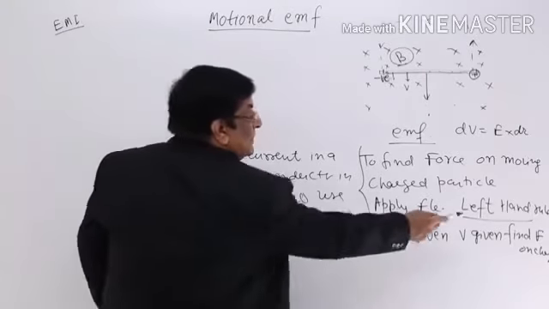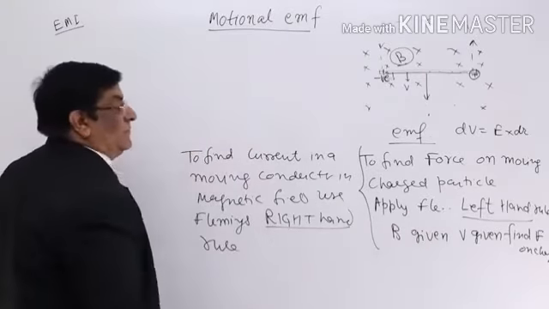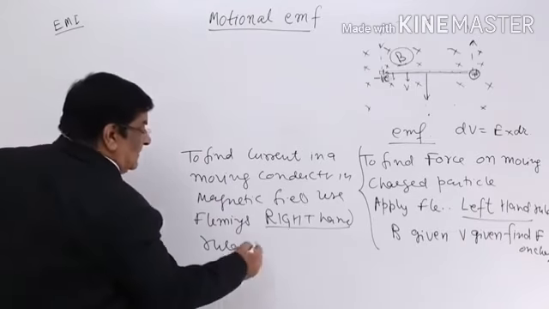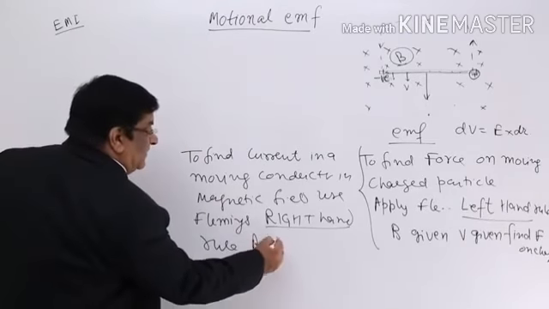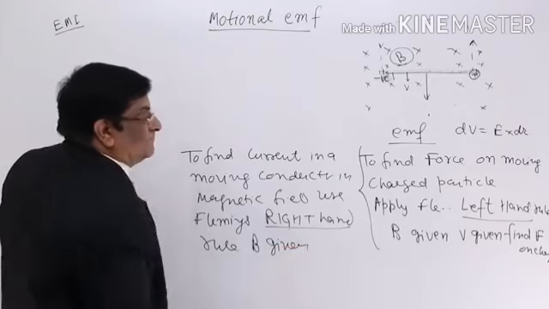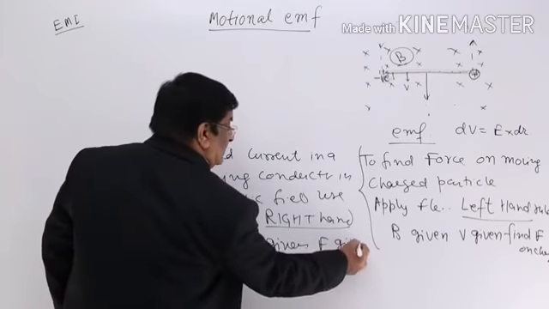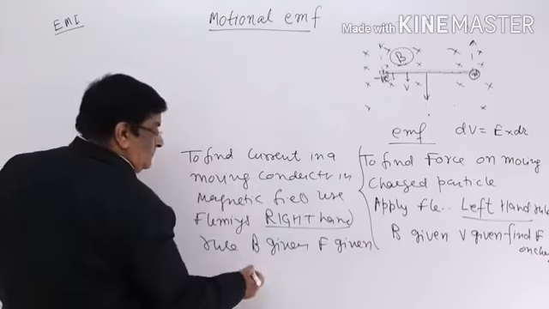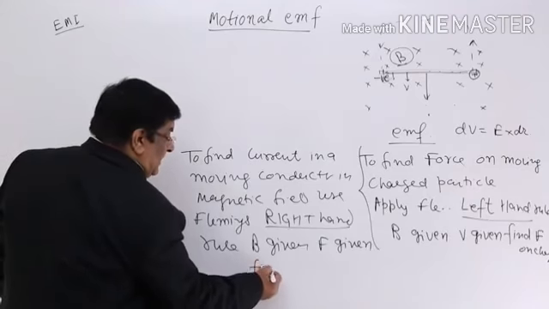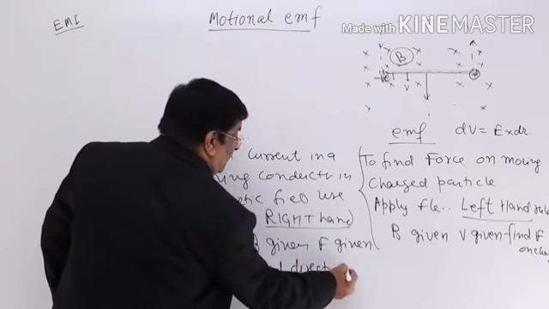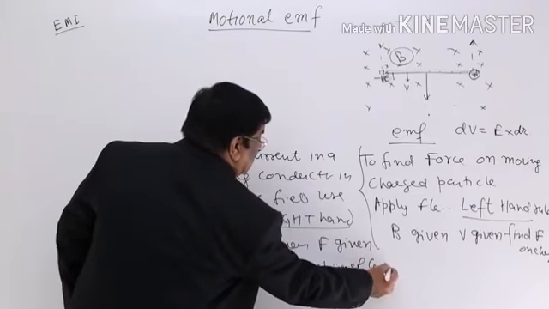Why right hand rule? In this, B given, F given, find the direction of current.